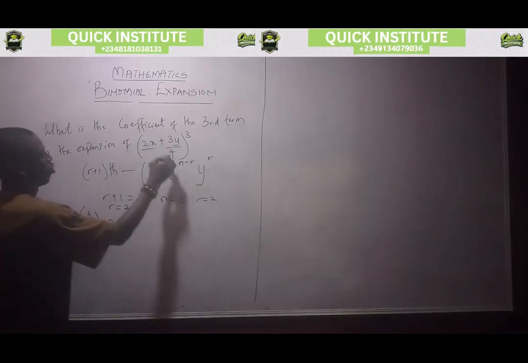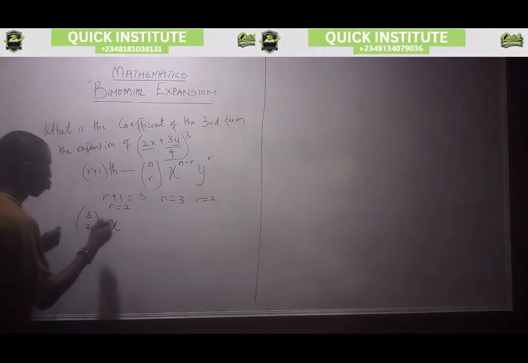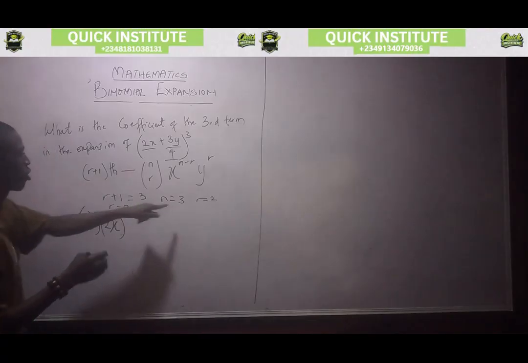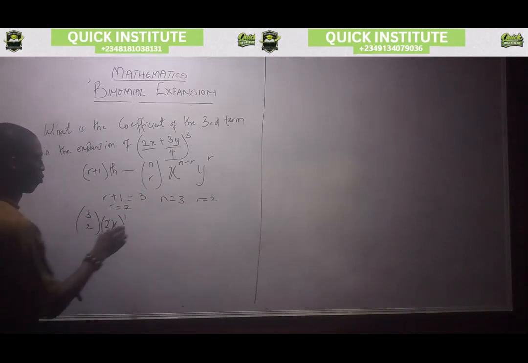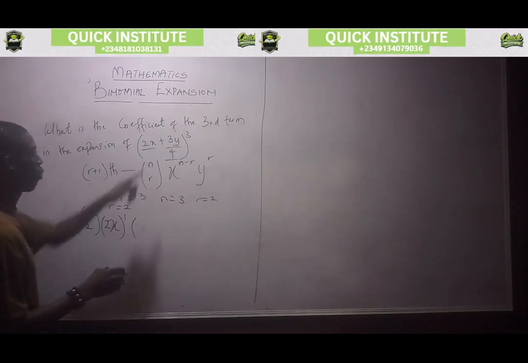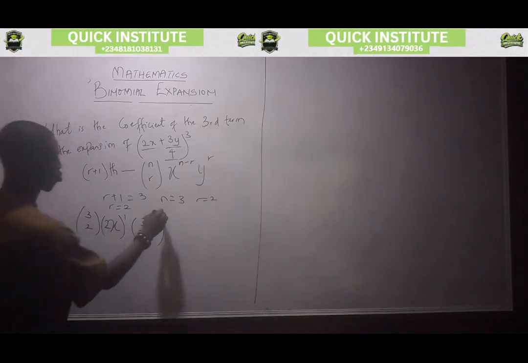This is your s and this is your y. In this expansion your s is 2x, n minus r is 3 minus 2, which is 1, and y is 3y over 4, and your r is 2.